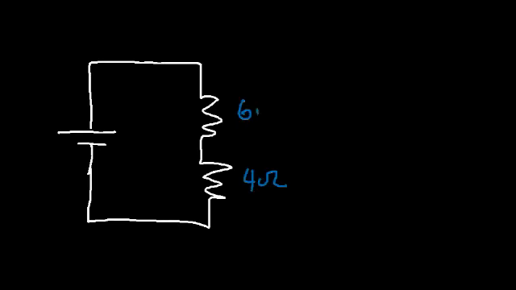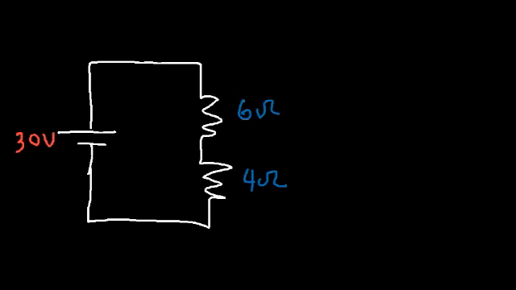Now let's solve a series circuit. So let's say we have 2 resistors, and the first one has a resistance of 4 ohms and the second one 6 ohms. Let's say we have a 30-volt battery.